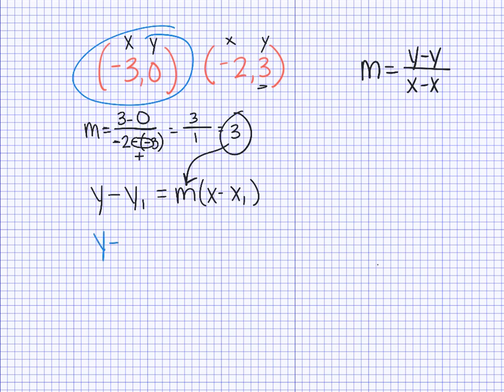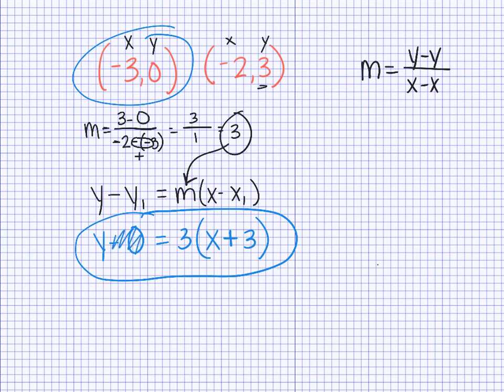So I'm going to have y minus 0 equals 3 times x minus a -3, which is going to make it x plus 3. Okay, so that would be your equation in point slope form, and really you wouldn't even need this -0 part. You can have it there, but it's not necessary. If you were asked to write it in slope-intercept form, you would just need to solve it. Distribute, so y equals 3x plus 9. So just make sure you pay attention to the directions, know what they're asking for you.